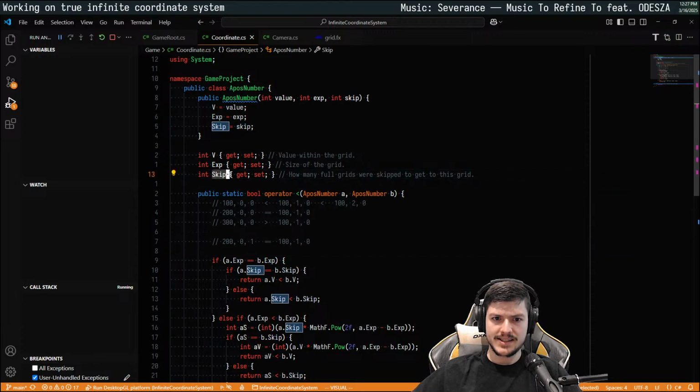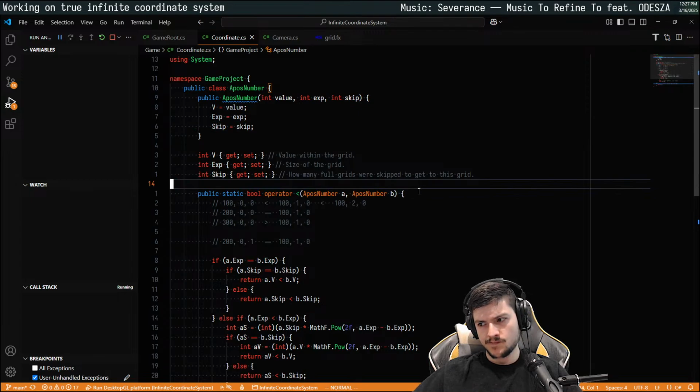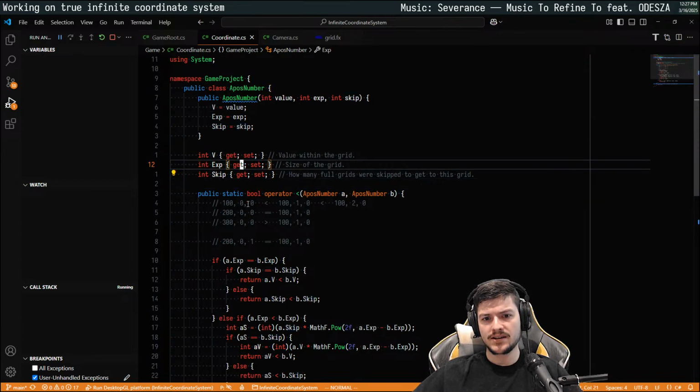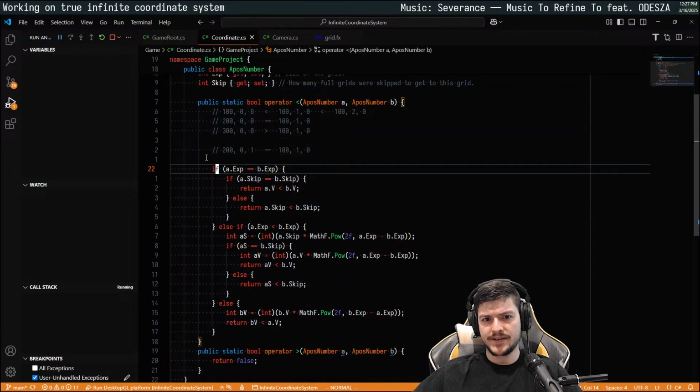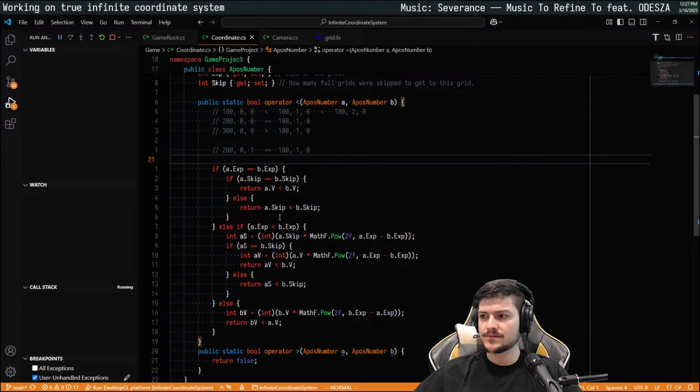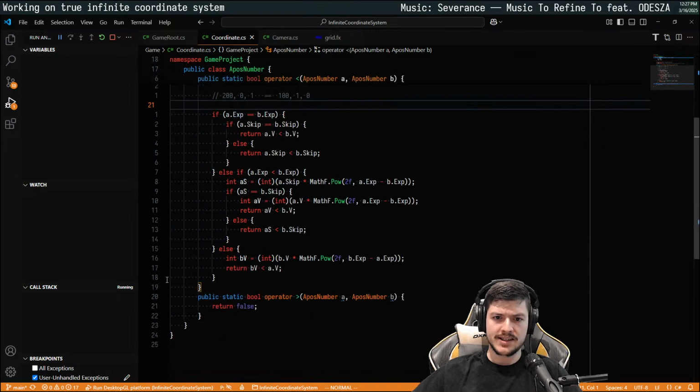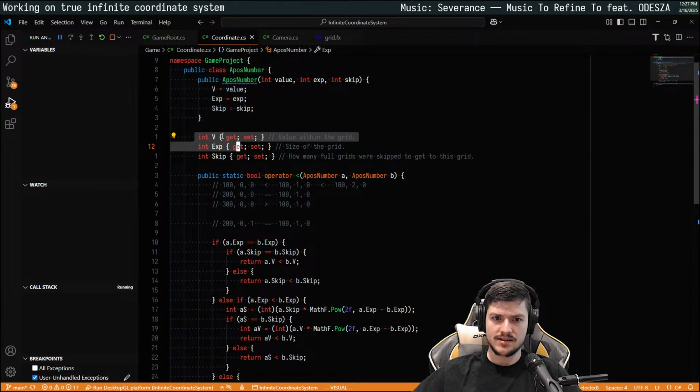But this one makes it possible to run out of numbers. And it is required because the bigger grid can't perfectly, without floating point numbers, represent the smaller one necessarily.